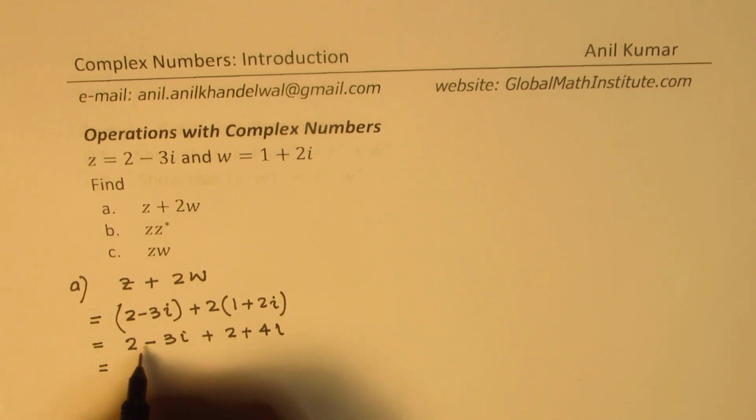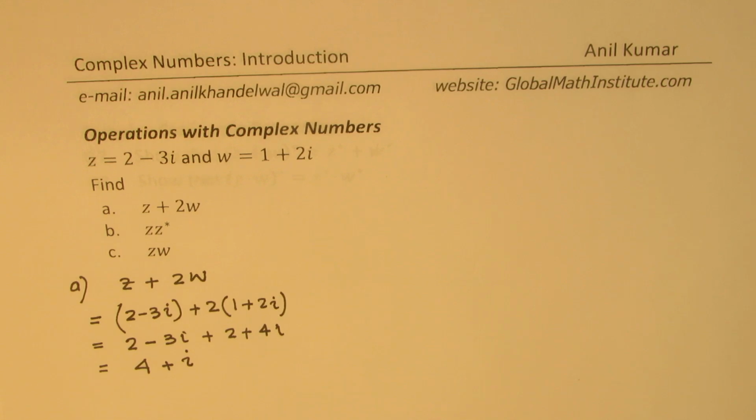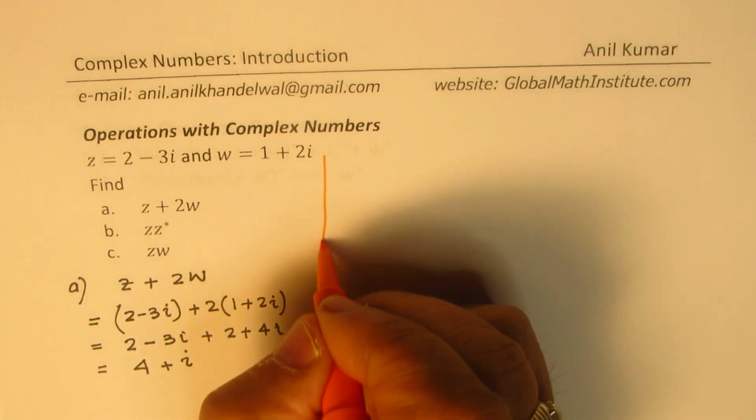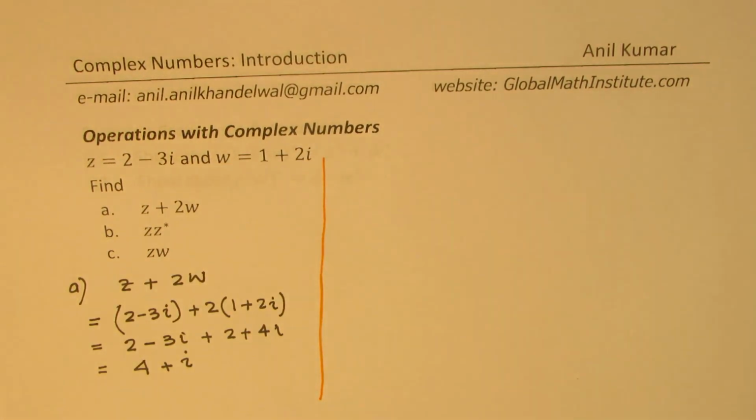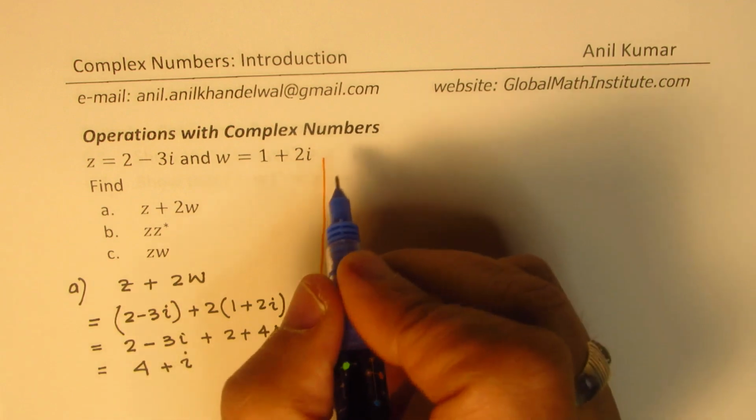Combining the like terms, we get 2 plus 2 as 4, and minus 3i plus 4i gives us i. So what we get here is 4 plus i. So you combine the real parts with the real parts and the imaginary parts with the imaginary parts to do this operation of addition. Now let's see what happens when we multiply the complex number with its conjugate.